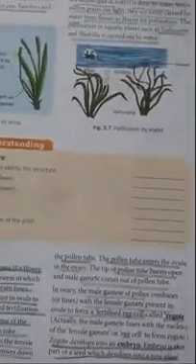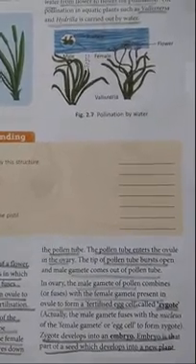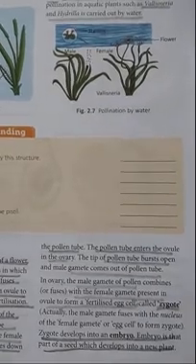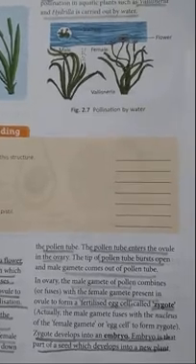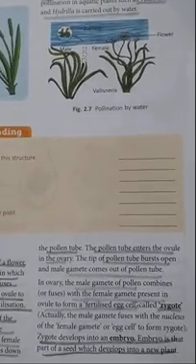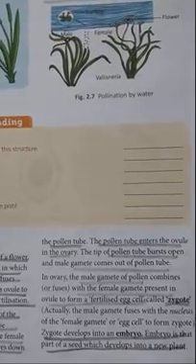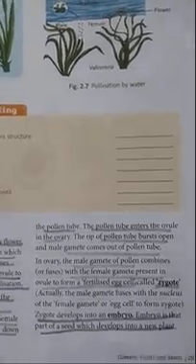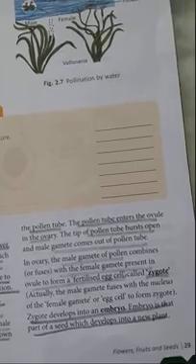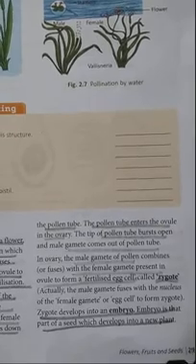On reaching the ovule, the pollen tube enters the ovule and bursts open, and the male sex cells present in the pollen tube get inside and fuse with the female gamete present in the ovule, forming the fertilized egg, which is known as the zygote. Ultimately this zygote develops into the embryo, and the embryo is that part of the seed which develops into a new plant.